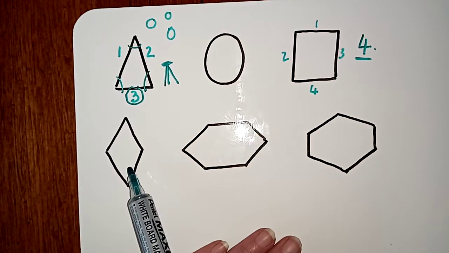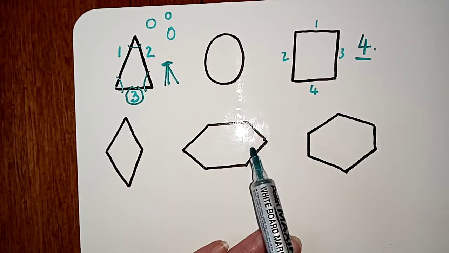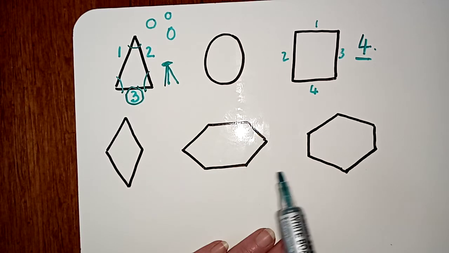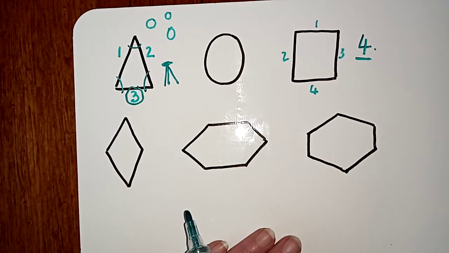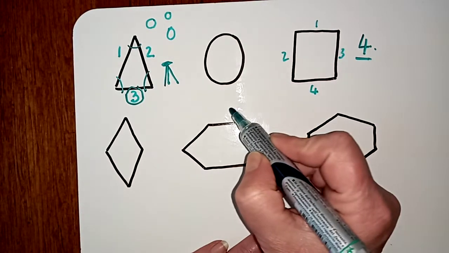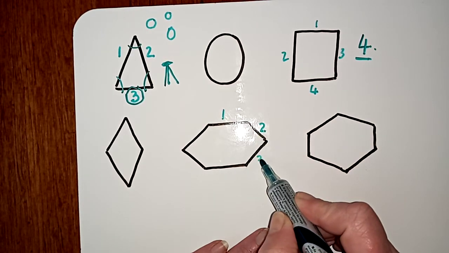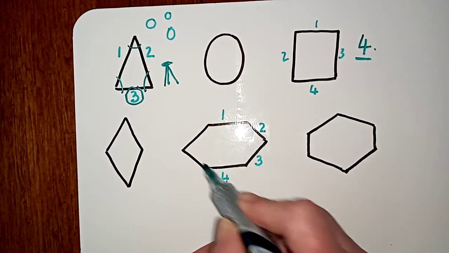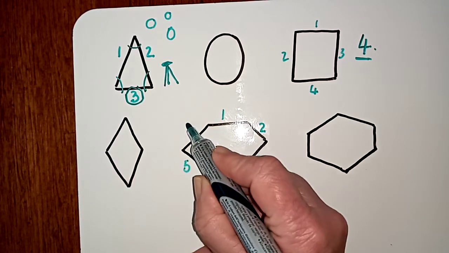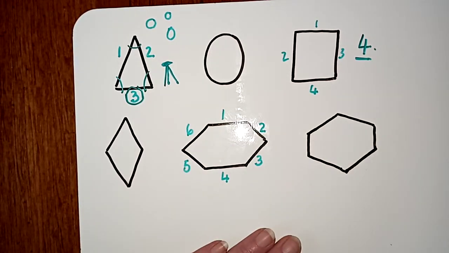Then we have a diamond. And the last shape that we are going to speak about is a hexagon. And let's see how many sides that has. 1, 2, 3, 4, 5, 6. Let's have a look at this shape.